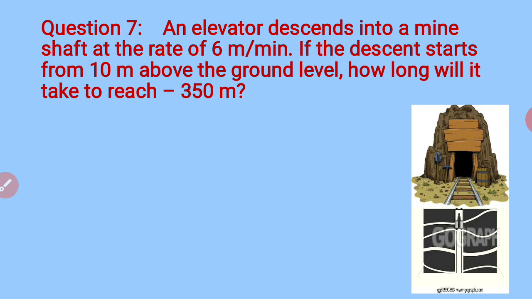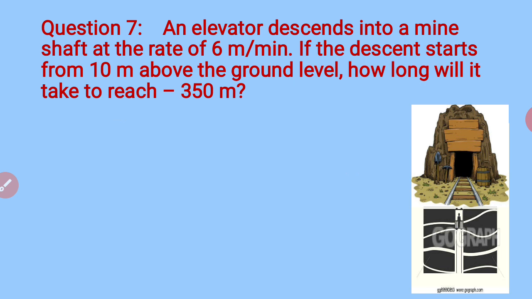Now the last question of the exercise and the chapter. An elevator descends into a mine shaft at the rate of 6 meters per minute. Here there is an elevator, that is a lift, which is descending, that is going down into a mine shaft. We have various types of mines for getting the minerals.